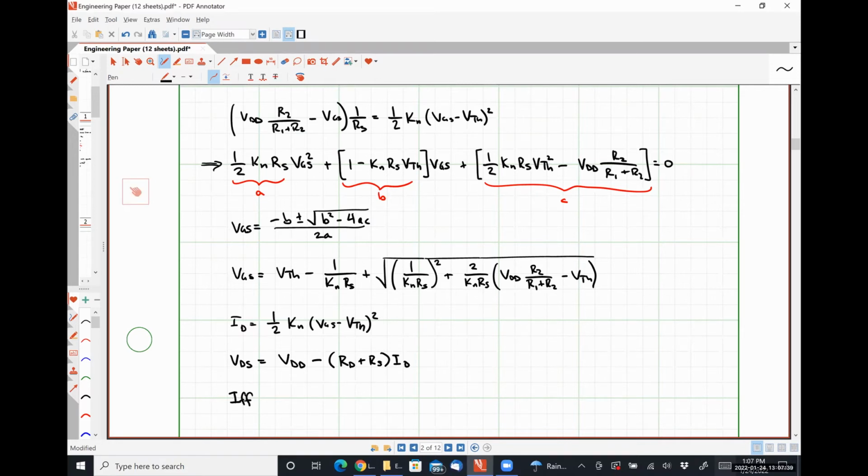If and only if VDS is greater than or equal to the quantity VGS minus VTH, are we done, right? It could work out that we do all of this work and find that VDS is less than VGS minus VTH, which means our device wasn't operating in the saturation region, and we have to completely start over and analyze it in the triode region.